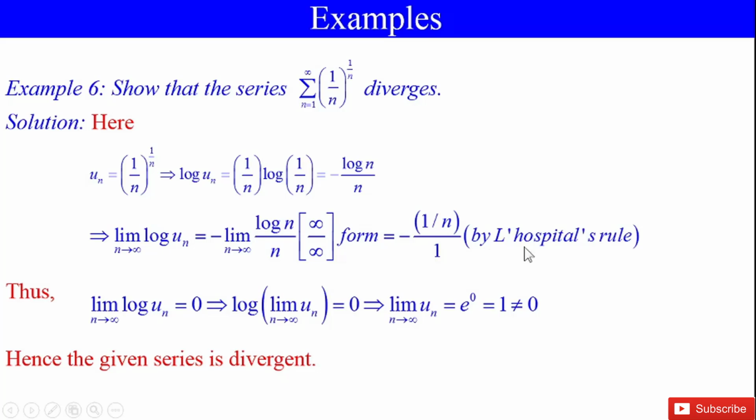Then by L'Hospital's rule, we have 1 by n by 1. This is the differentiation of numerator and denominator.